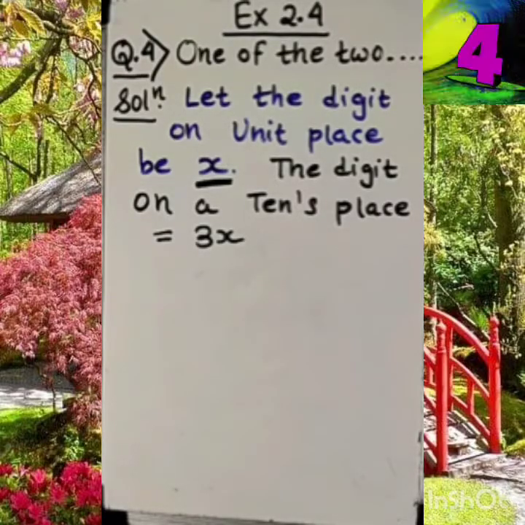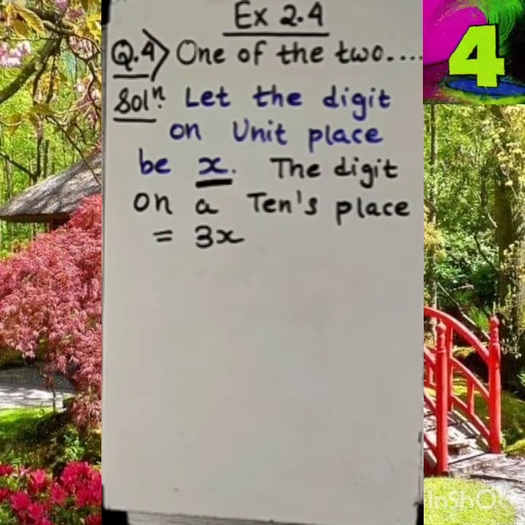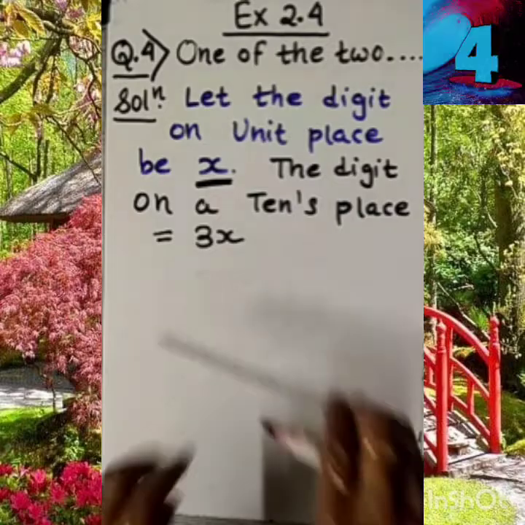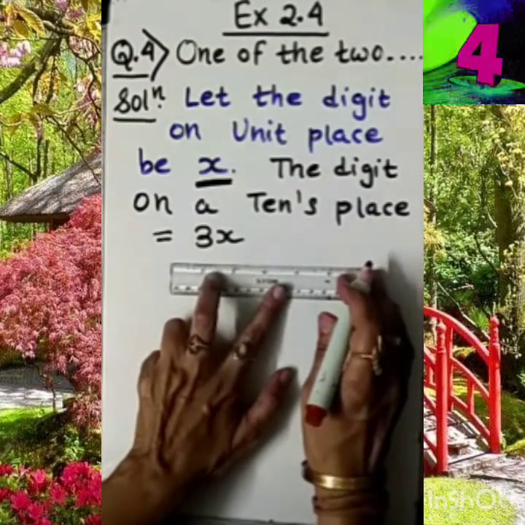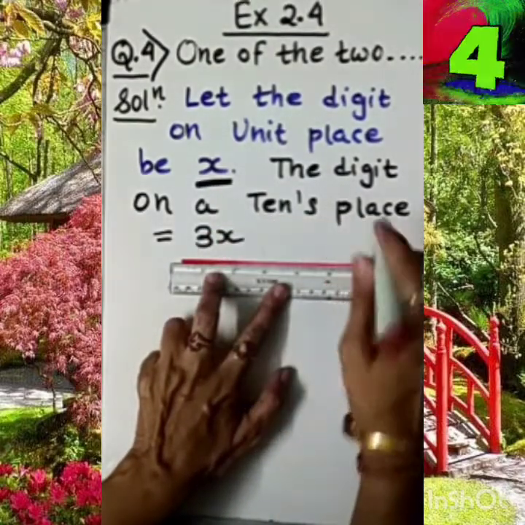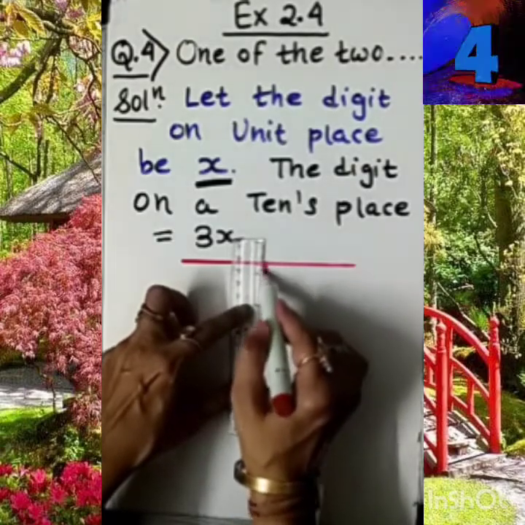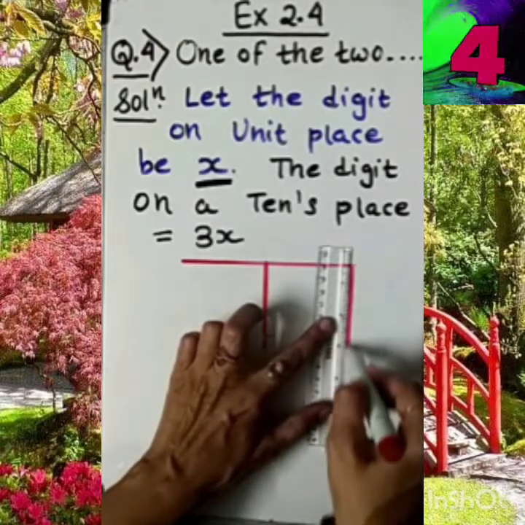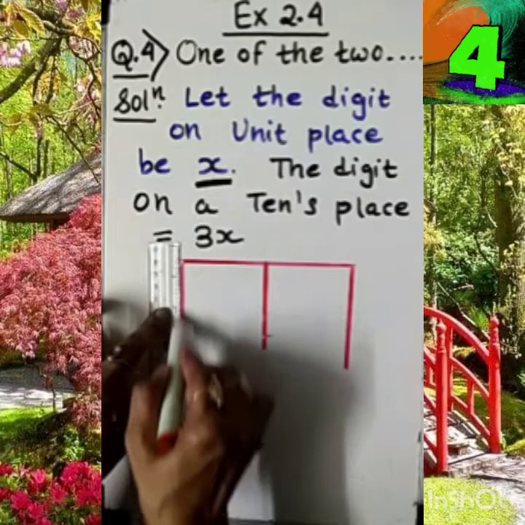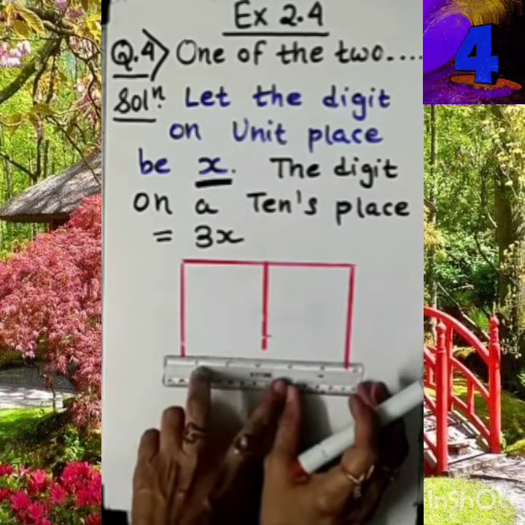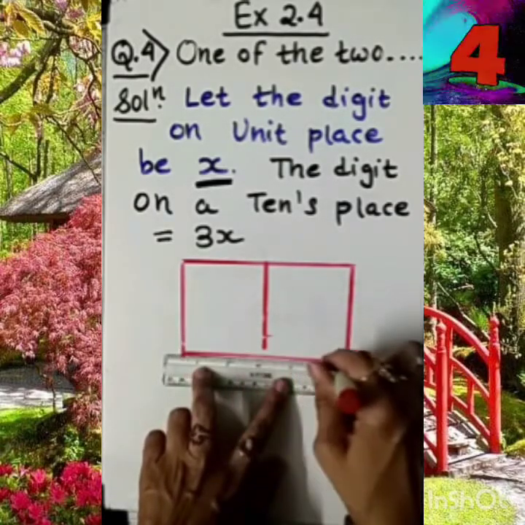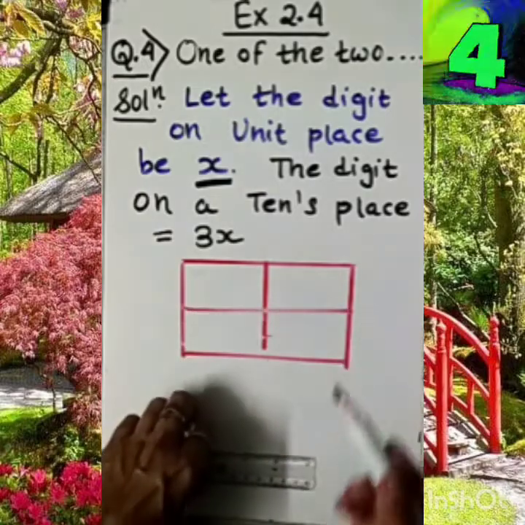Fine. So let's try to note this down in a tabular form so that it will be easy for us to understand the given details and classify them easily. As here it is a two digit number, you know the unit place digit, sometimes we call it ones place also.